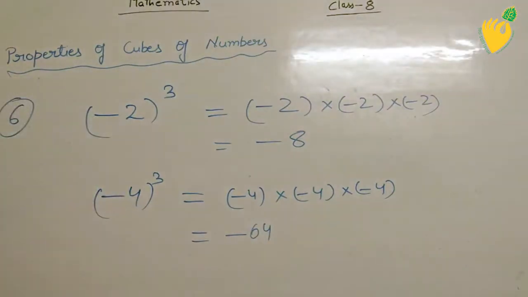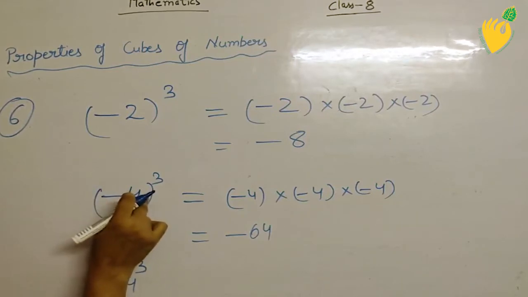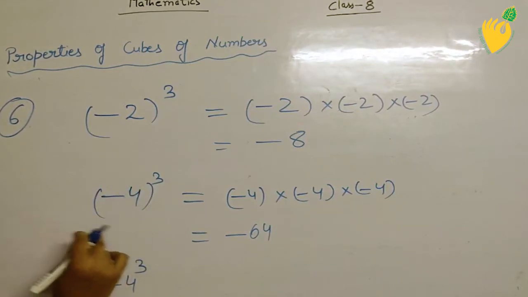So the answer is minus 64. Students, one more thing I would like to tell you: if it is minus 4 to the power 3, here the sign will be negative, but the power is not on the negative sign. Here the power is on the negative sign and on the number 4 also.